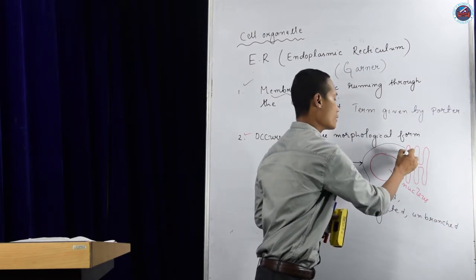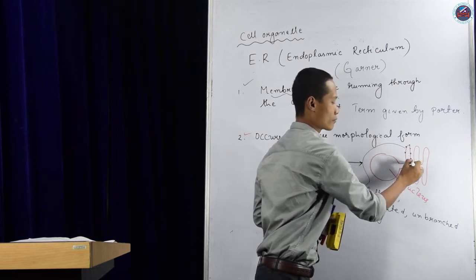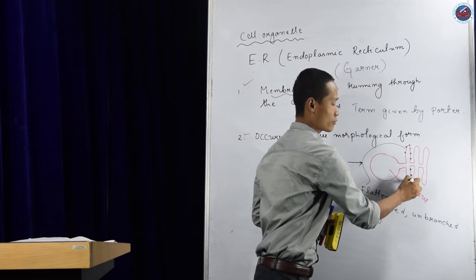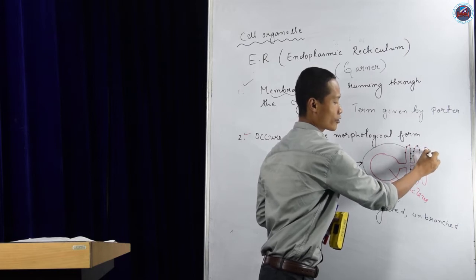There will be ribosomes attached on their surfaces. I'm making the ribosomes as dots. So in cisternae you will find ribosomes.